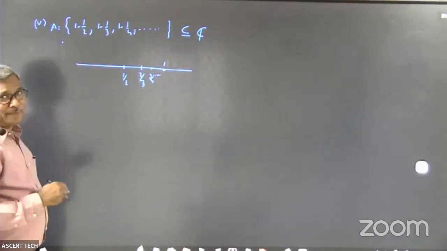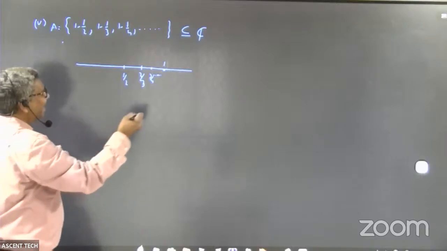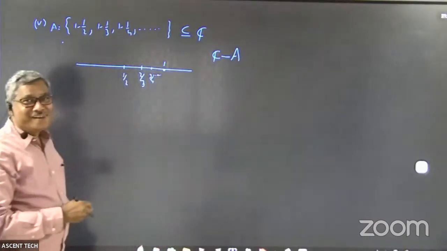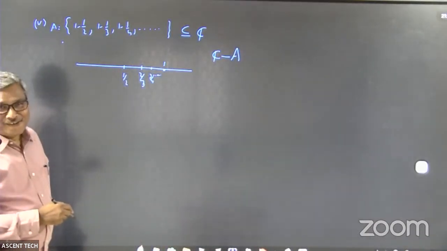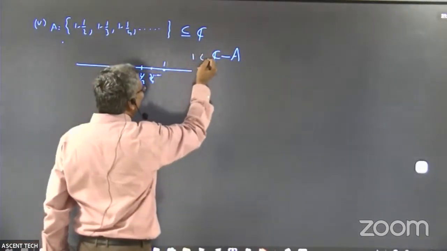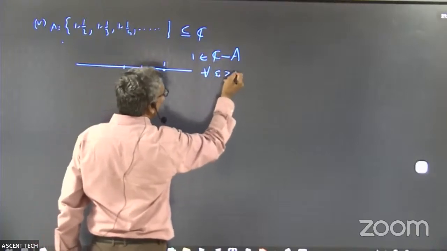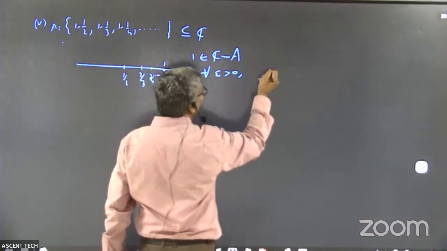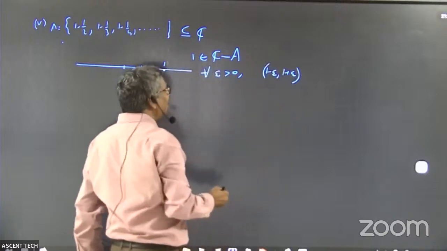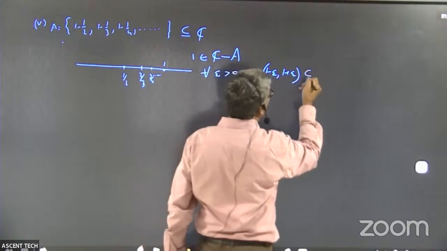One is actually in the complement, and the complement is having a problem now. That's not open, because 1 is in the complement, and no matter what epsilon greater than 0 I take, this 1 minus epsilon to 1 plus epsilon is not going to be contained in C minus A.